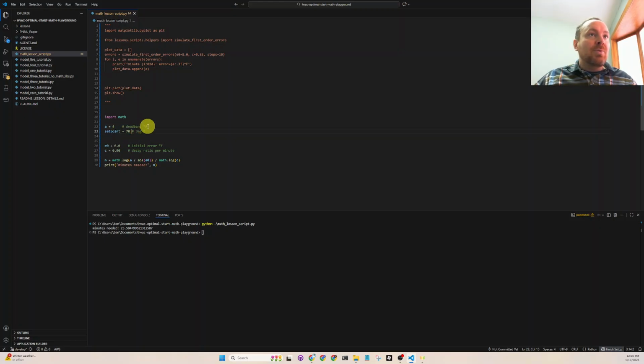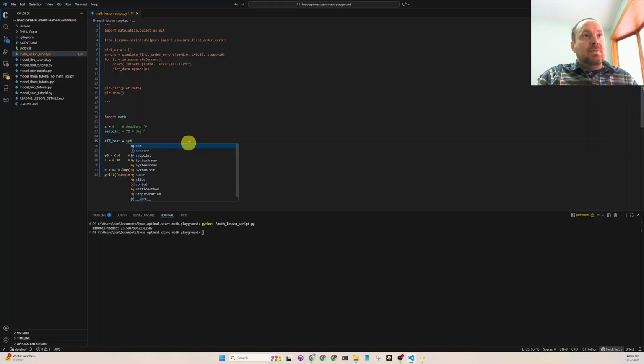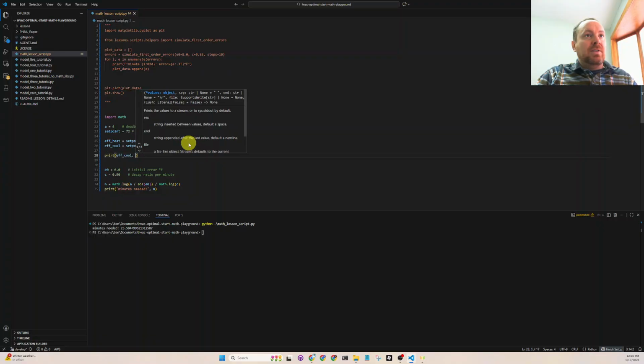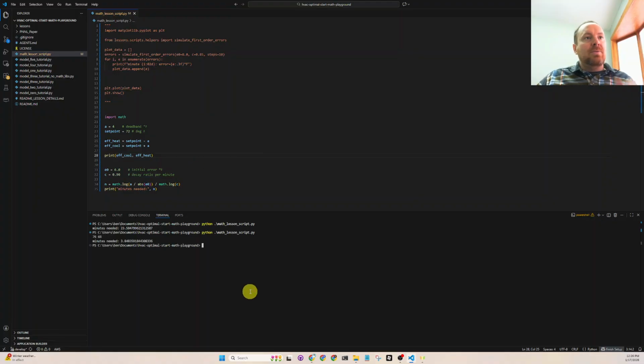So if our set point was 72, which is pretty common in the United States, usually you would do effective heat equals set point minus A, and effective cool would be set point plus A. So we can print effective heat, effective cool. So let's just see what that would be.